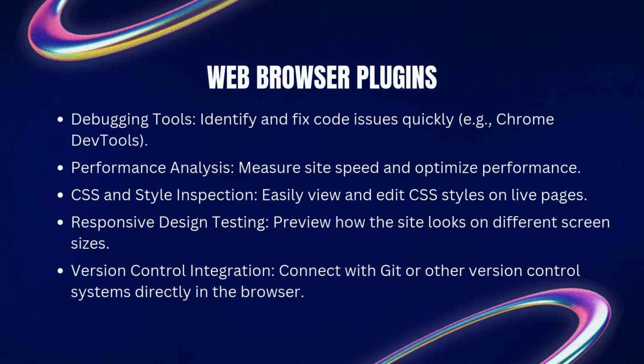CSS and style inspection, which are tools used to view and modify CSS directly on live pages. Responsive design testing, where we tested site appearance across various screen sizes. And lastly, version control integration, where we integrated with Git to manage project versions.